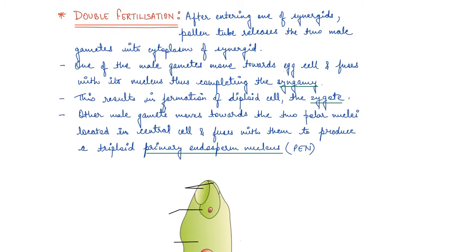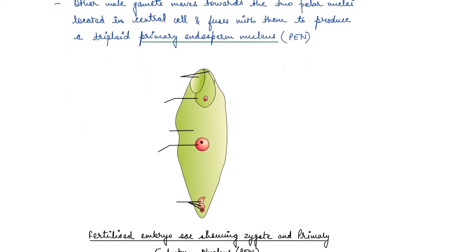Here if you see this diagram, this is the central cell. Here you have the polar nuclei. The other male gamete moves towards the two polar nuclei located in the central cell, and it fuses with them and produces a triploid, because there are two polar nuclei already, right?